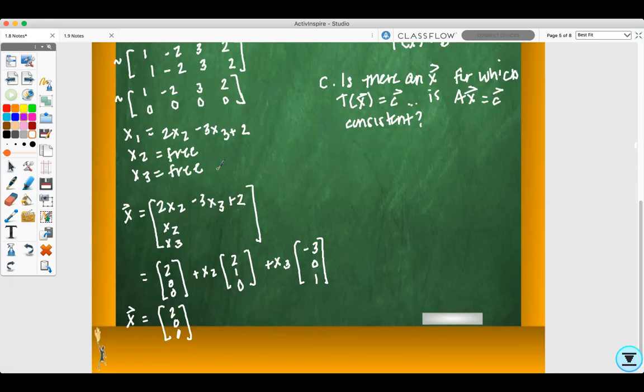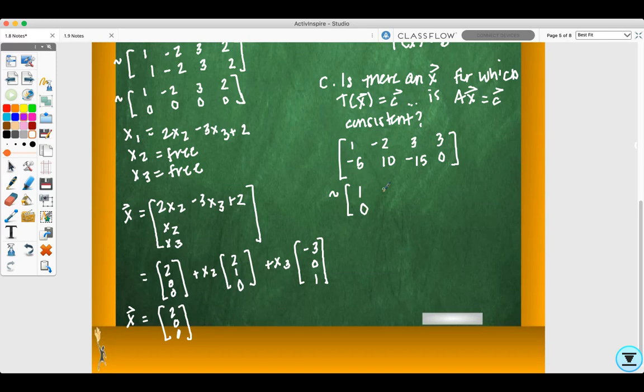So what we would need to do is have our augmented matrix, and we would have to solve for that. My augmented matrix for this would be 1, -5, -2, 10, 3, -15, 3, 0. When I row reduce this, you guys can go through and do this, I'm going to give you the reduced matrix.